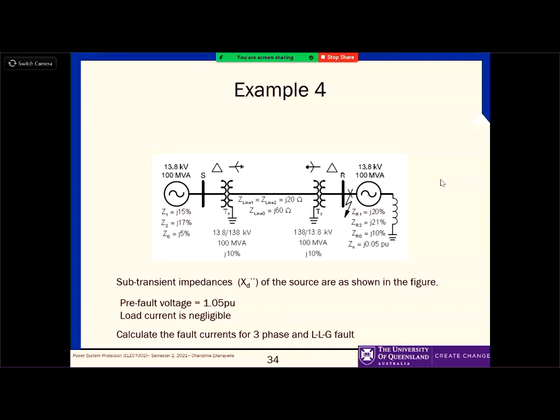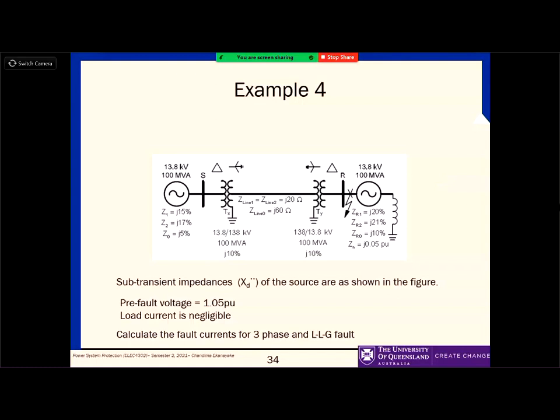But in the fault calculations we are looking at the worst case. Worst case comes when the impedance is highest or lowest? Lowest. What is the lowest impedance? Subtransient. So that's why we do the calculations with subtransients, so that your system is safe, right?